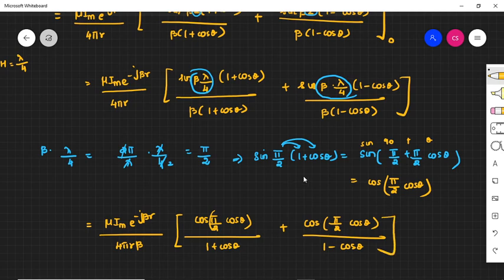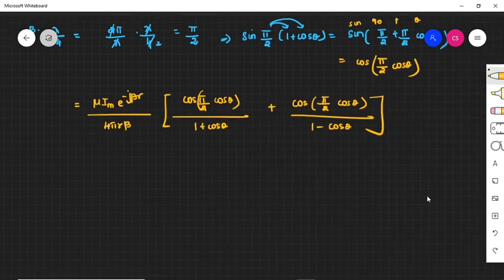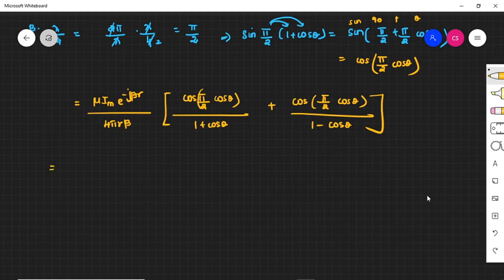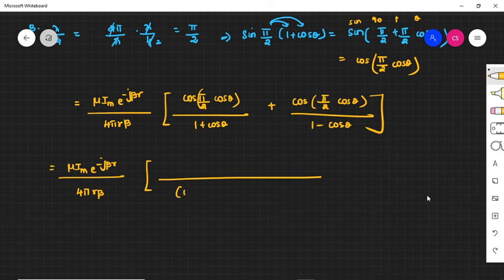Now, let us take the LCM of the denominator. So, this is going to be equal to mu im e power minus j beta r divided by 4 pi r into beta. I am taking an LCM of 1 plus cos theta into 1 minus cos theta. So, this will become cos of pi by 2 cos theta into 1 minus cos theta.